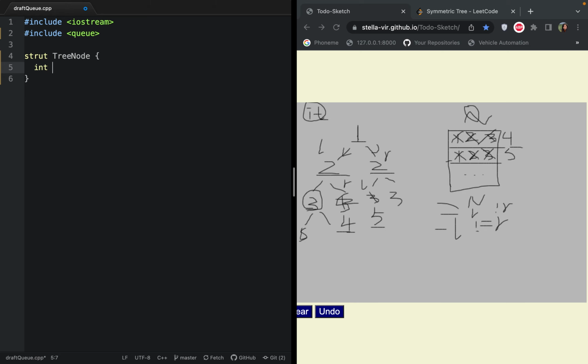It's going to have an integer value, which is the value in there. And the left value, which is going to be a pointer, and the right value, which is also a pointer.